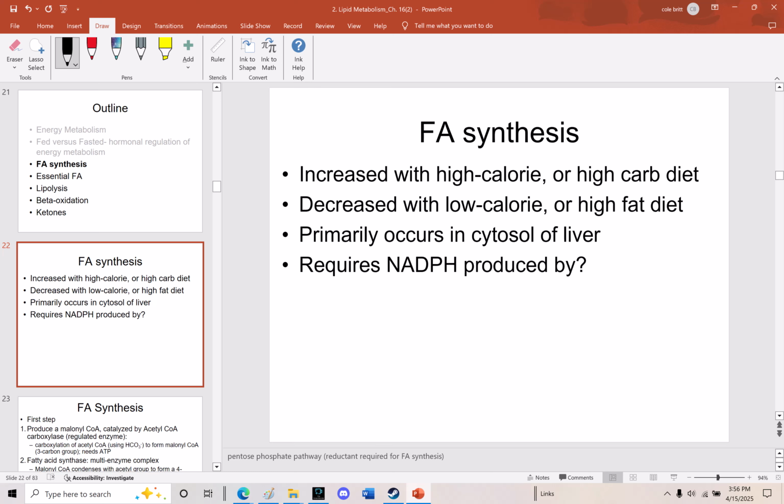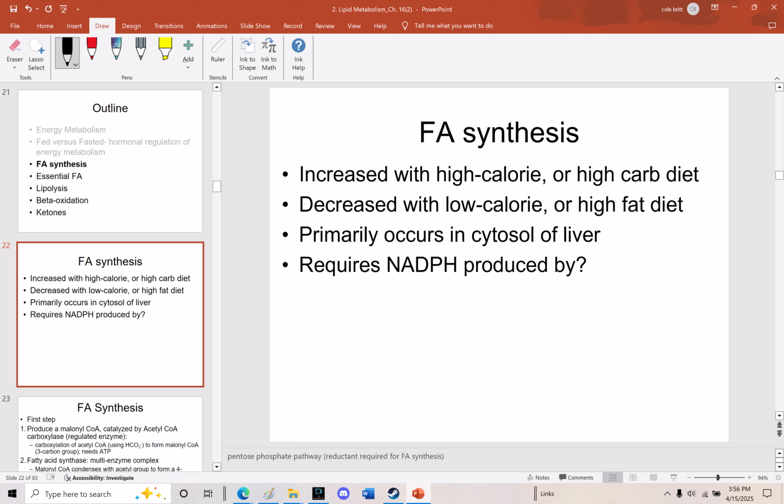And it primarily occurs here, the cytosol, not the mitochondria. We'll be talking a lot about the mitochondria, but fatty acid synthesis takes place in the cytosol, primarily in the organ that is the liver. That is really where most fatty acid synthesis occurs, in the cytosol of the liver cells. And here's that NADPH.